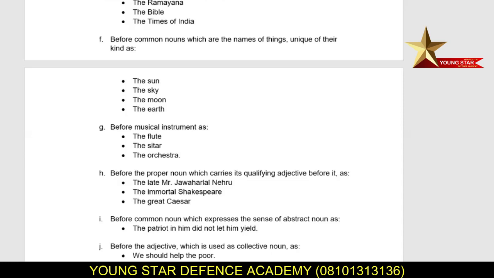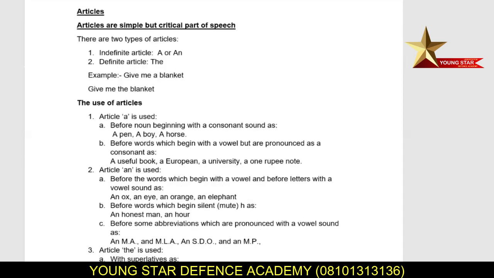We have to note that we use "a" in front of words like a horse, a carrot, and "an" in front of words with a vowel sound, an apple, an elephant. So you have to note it down: when we are talking about the sounds a, e, i, o, u, we will use "an" with them.